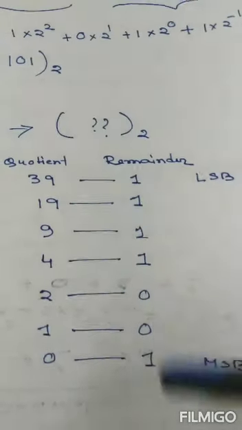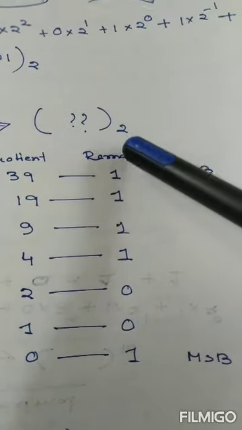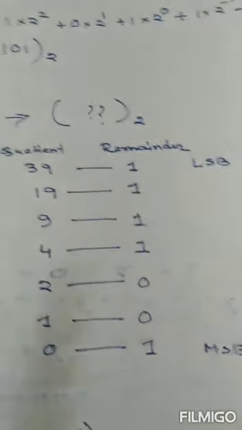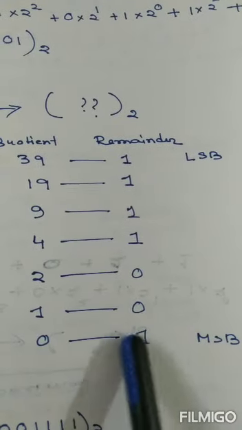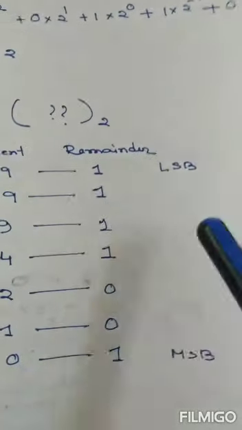Now what are the remainders? 1 1 1 1 0 0 1. This first remainder is called the LSB, the least significant bit, and the last remainder is called the MSB, that is most significant bit or digit.